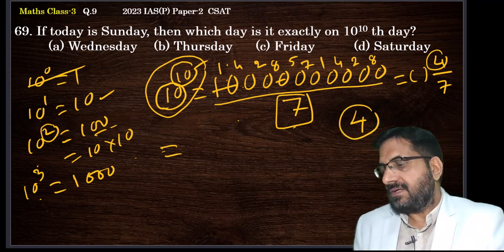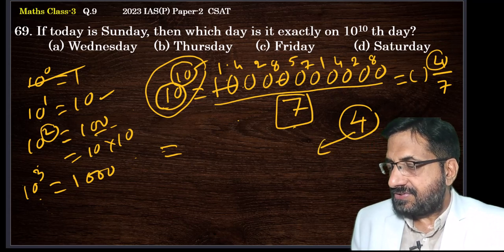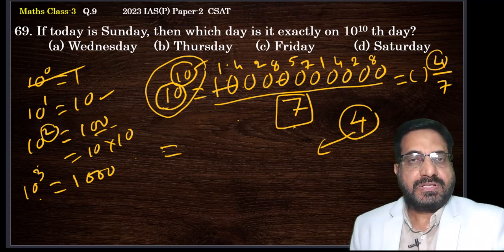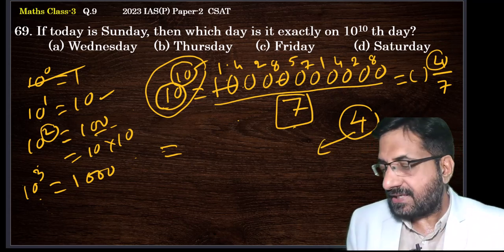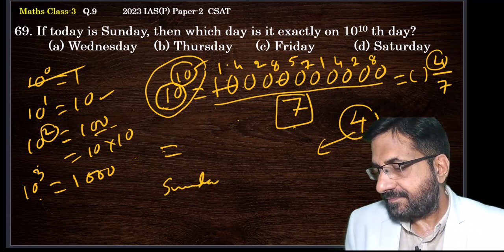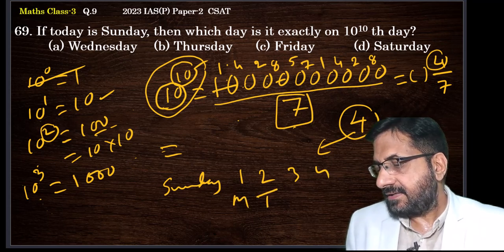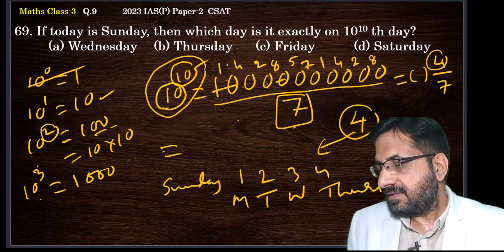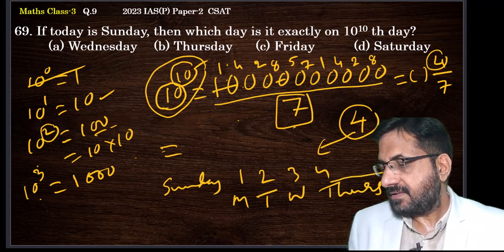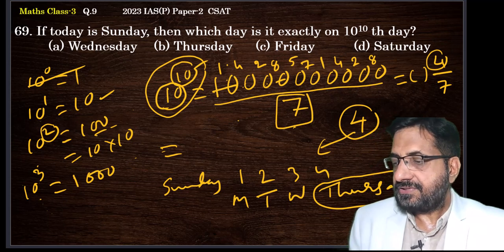This is the number you want. If today is Sunday, count 1, 2, 3, 4 days after that: Sunday, Monday, Tuesday, Wednesday, Thursday. So Thursday should be your answer.